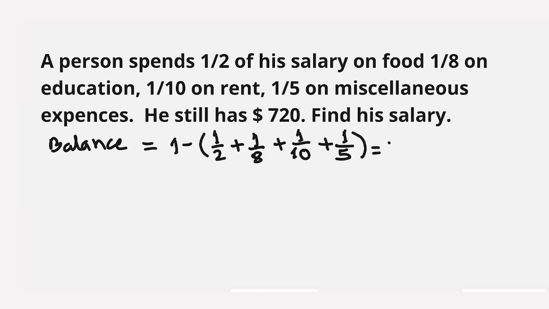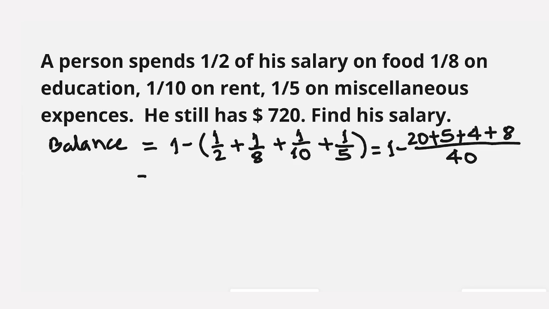And this is equal to 1 minus, LCM of 2, 8, 10 and 5 is 40. 2 divides 40 for 20 times, and 20 multiplied by 1 is 20, plus 8 times 5 is 40, so 5 times 1 is 5, plus 10 divides 40 for 4 times, so 4 times 1 is 4, plus 5 divides 40 for 8 times, and 8 times 1 is 8.